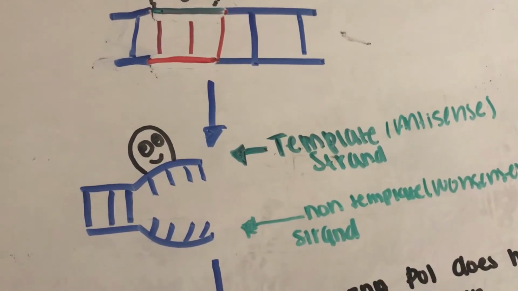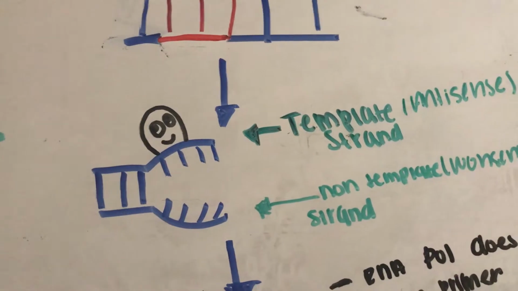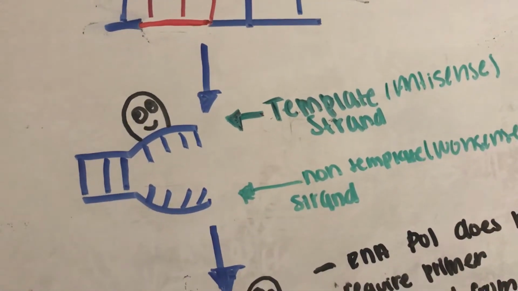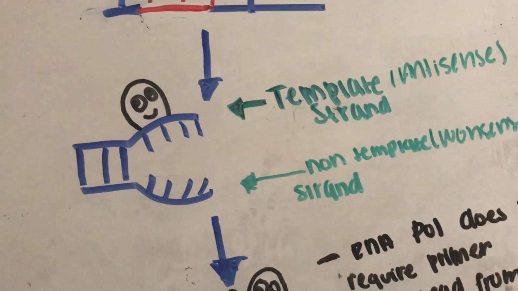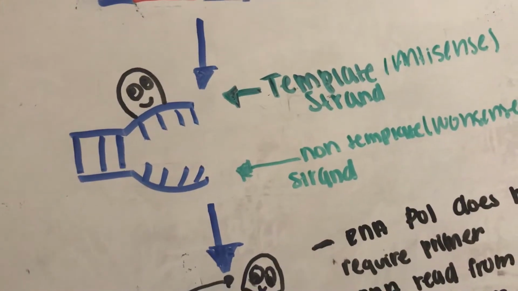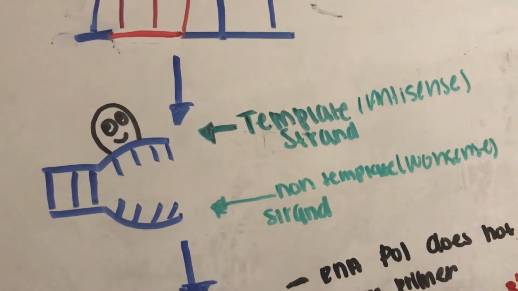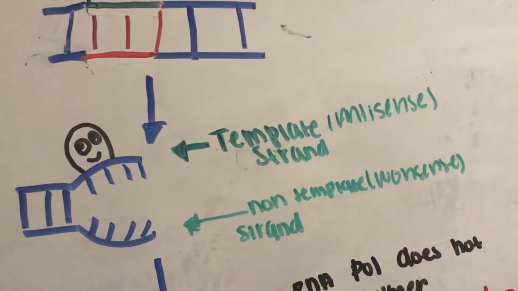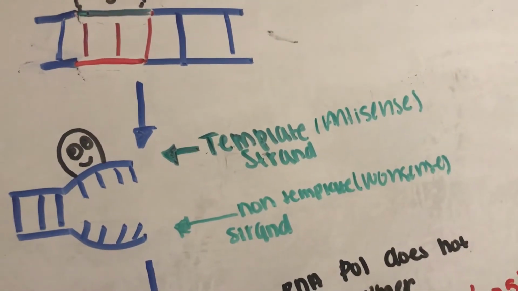One of the strands will be the template strand, also known as the antisense strand. This strand will become the mRNA. The other strand will be the non-template strand, also known as the nonsense strand.